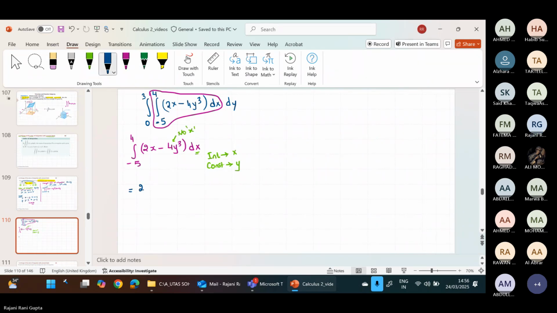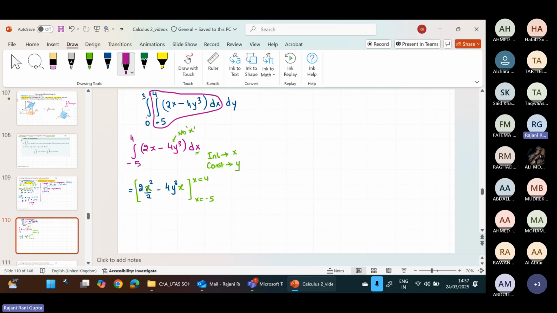So what will be the integral? Integral will be 2 times x square over 2 minus 4y cube. There is no x, so you multiply by x and then substitute the limits. Limits are for x: x is from minus 5 to x equal to 4. So you have to replace x first time by 4 and then by minus 5.